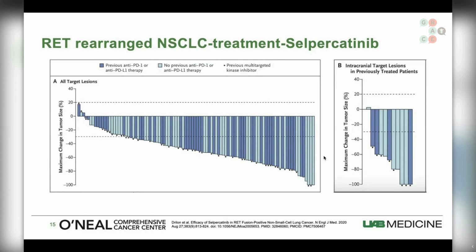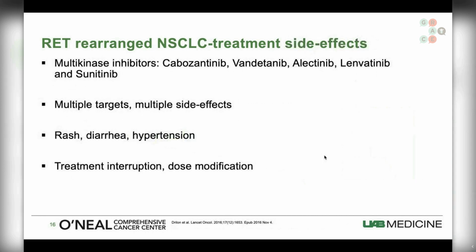On the right side graph, I just wanted to highlight that these were the patients who had intracranial metastasis, meaning spreading of the cancer to their brain. And they had, for the most part, also deep responses to these medications inside their brain lesions, which is very important and very reassuring to patients who have brain metastasis.